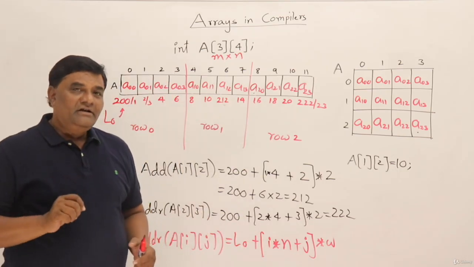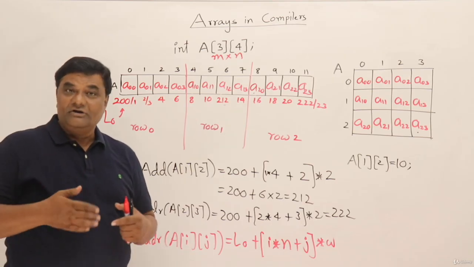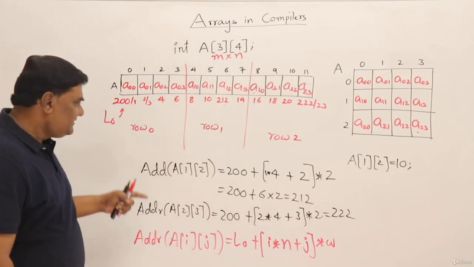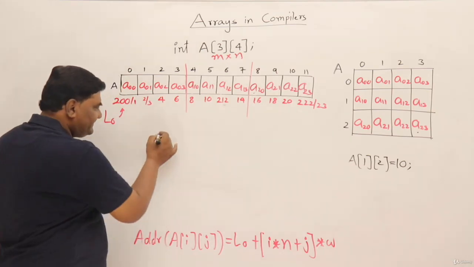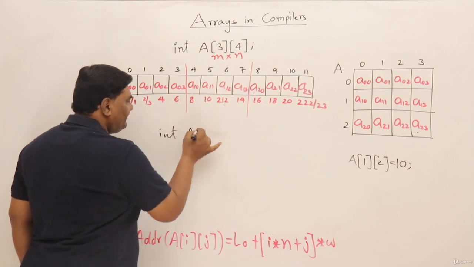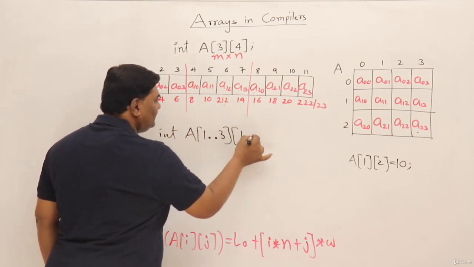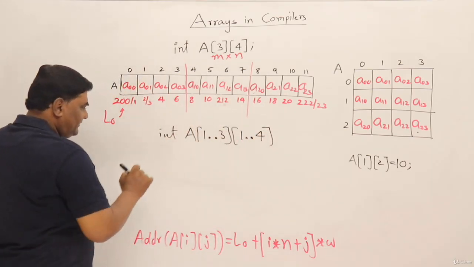Now one more thing. If a language is allowing indices starting from 1 onwards, then how does the formula look? If a language is allowing indices from A of 1 to 3 and 1 to 4, I will not work out everything, I will directly write the formula.